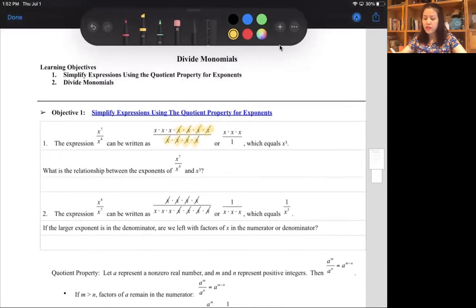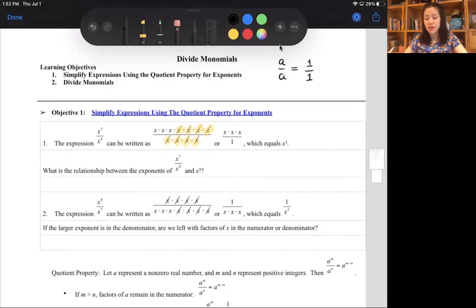Now, when you divide something on the top by the same thing on the bottom, it doesn't mean that it disappears or becomes nothing. For example, if I divide a by a, this simplifies to 1 over 1, or sometimes we just write 1.